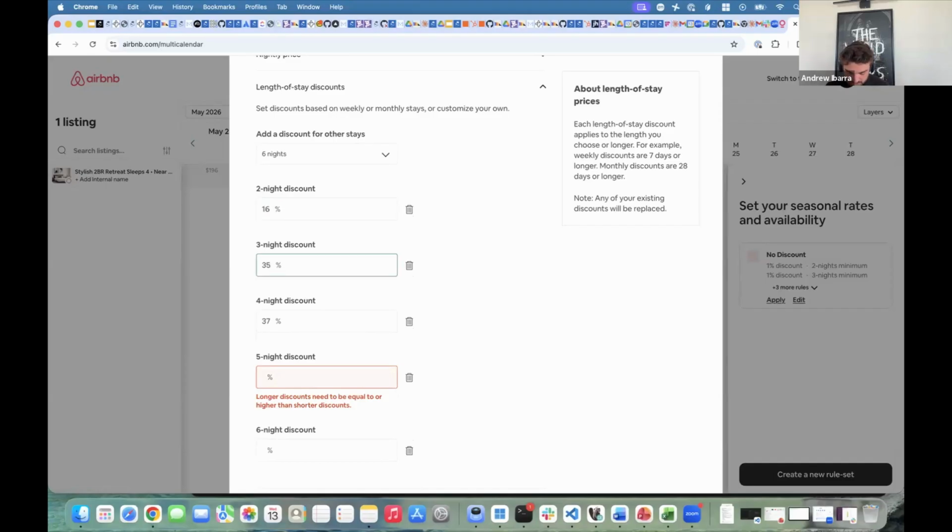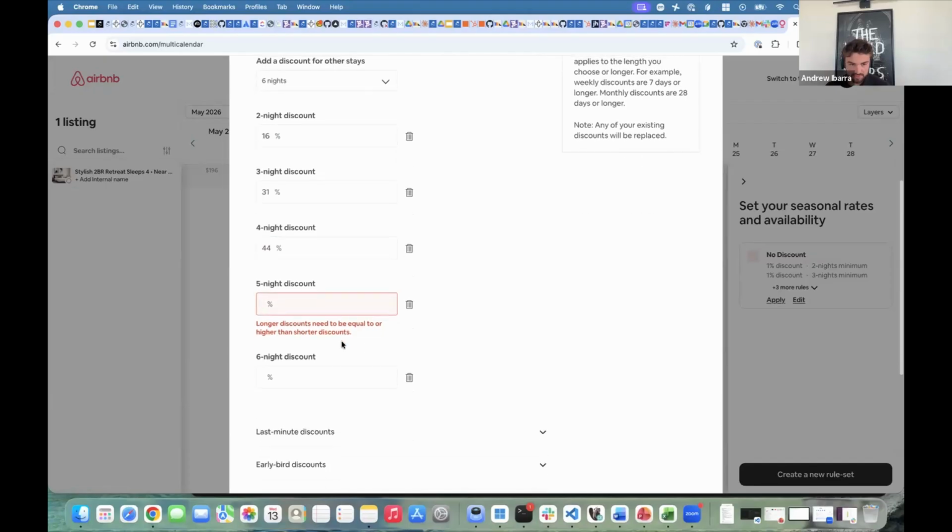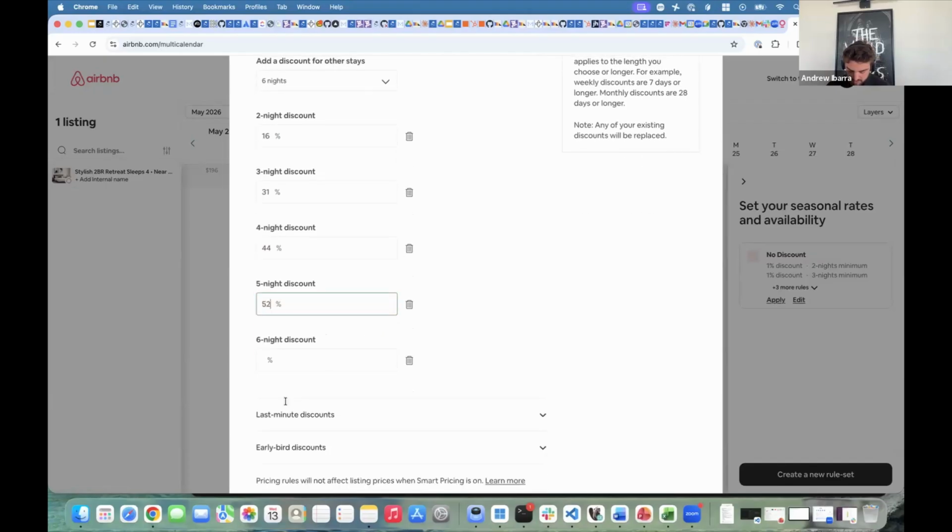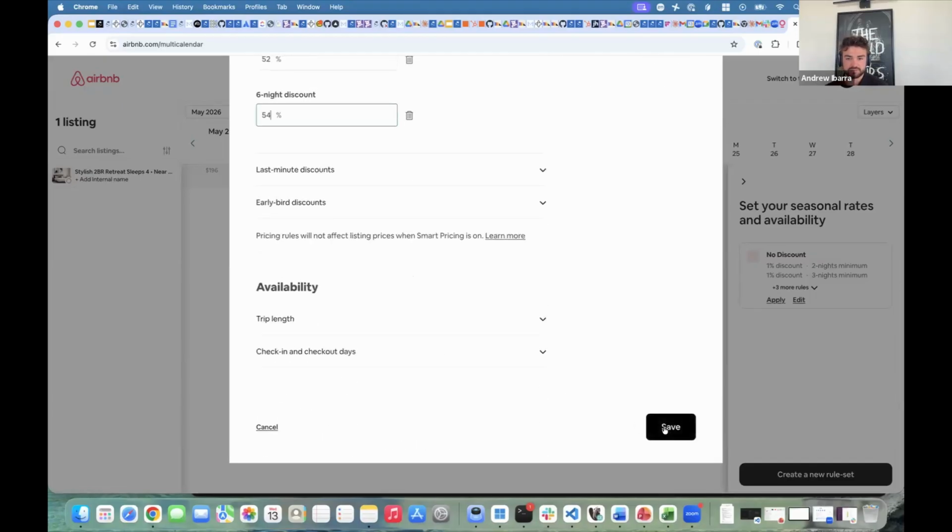For 3 night, it'll be 31. For 4 night, it will be 44. For 5 night, it will be 52. And then 6 night, it will be 54. Then you can hit save on the bottom right. So these will be your long weekends.